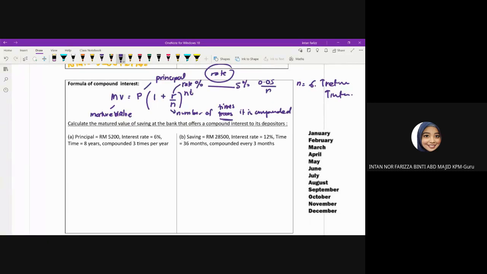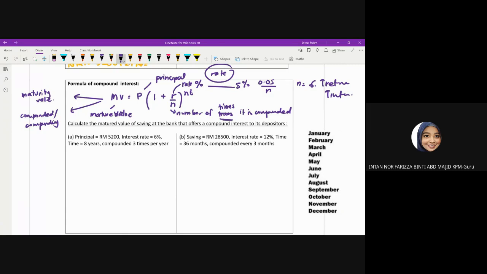So when to use the MV formula, girls? To use the MV formula, you can remember: when they ask you the maturity value, and the biggest clue is when you see the word compounded or compounding, same thing. Then you straight away go to the formula sheet and look for this formula.